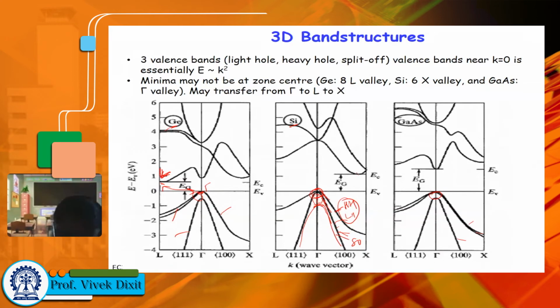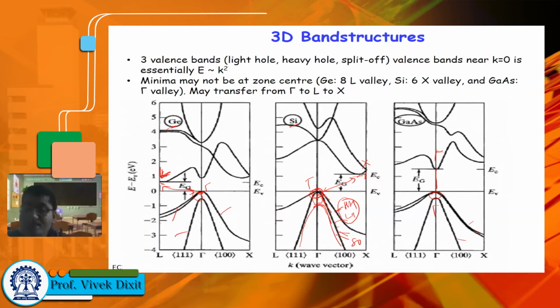Similarly, in case of silicon, the minima appears along the X, not exactly at the X, but slightly before the X. And the maximum appears at gamma, right? So this will also be an indirect band gap. In case of gallium arsenide, both the valence band maxima and the conduction band minima appear at the gamma valley only. So they are called direct band gap, right?